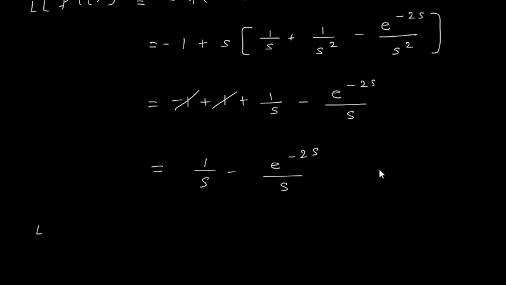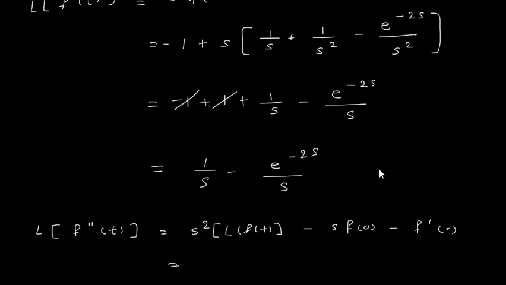Now finally I will find Laplace of f double dash t. For this we have the formula: Laplace of f double dash t is s square into Laplace of f of t minus s into f of 0 minus f dash 0.